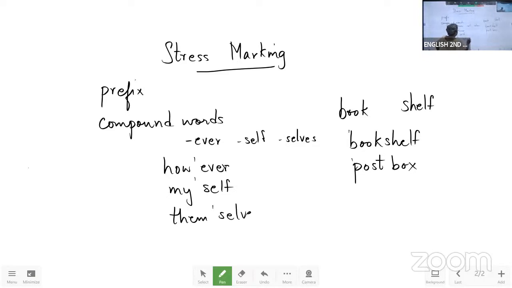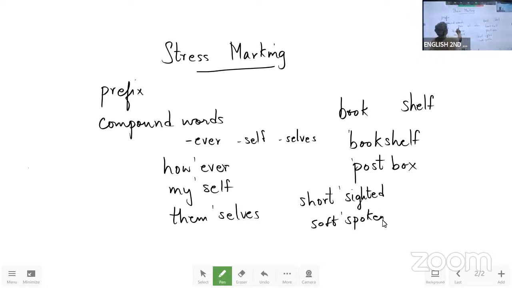But like I said, there are exceptions. Short-sighted, it's on the second syllable. Soft-spoken. That is why I said stress marking is very, very unpredictable, because there is no way that I can explain why short-sighted and soft-spoken it is on the second syllable.